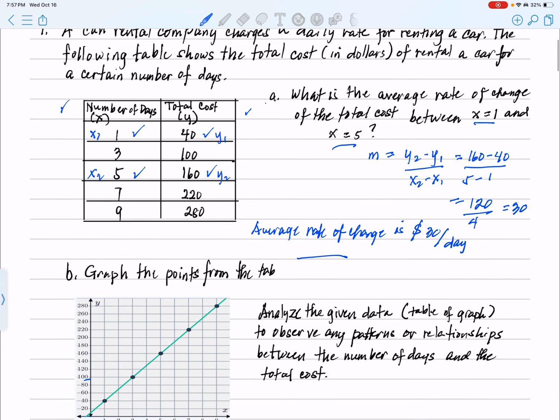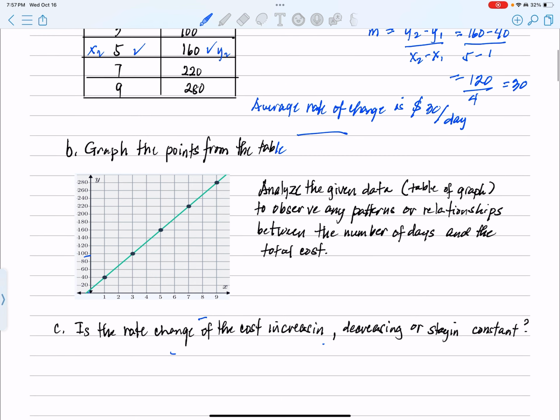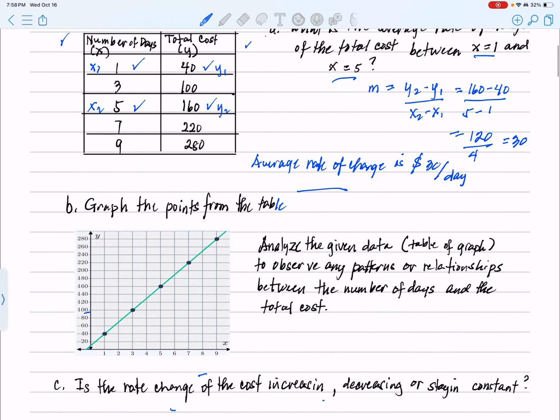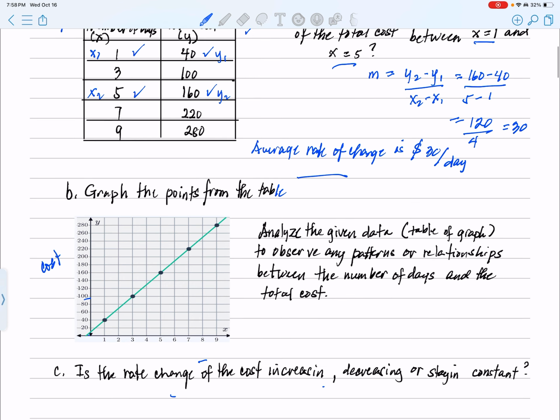Second question, you are asked to graph the points from the table. The graphing is shown. This is the cost of renting a car for the y, and this is the number of days, the x value. Now, analyze the given data, the table or graph, to observe the patterns or relationship between the number of days and the total cost.